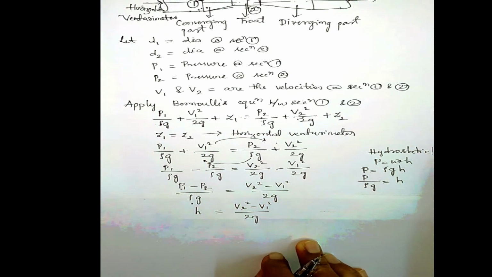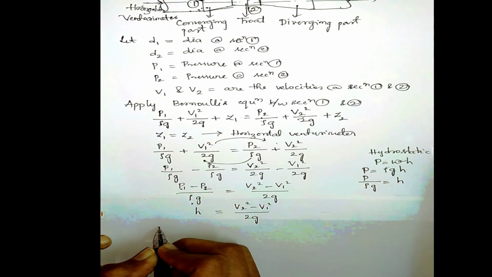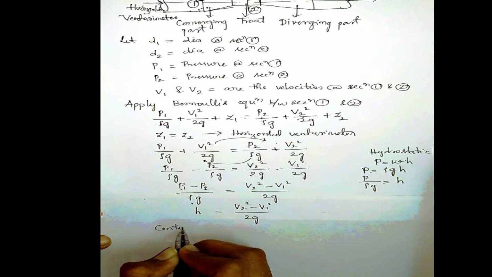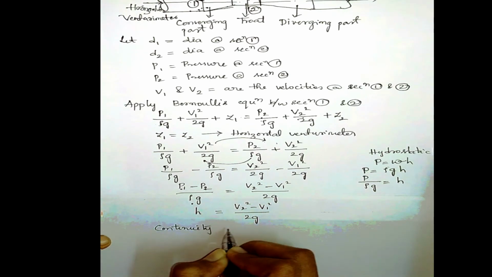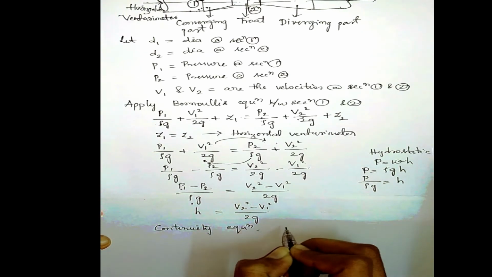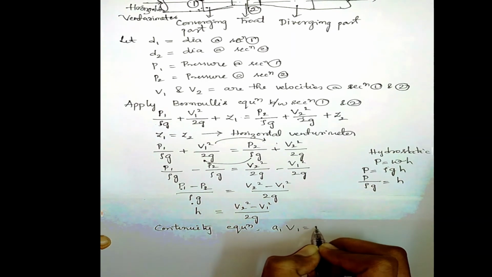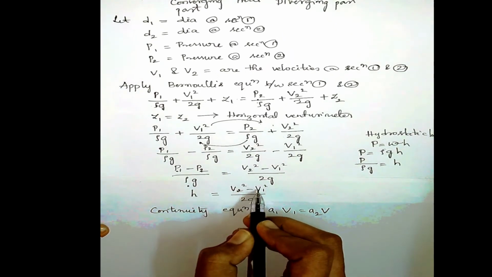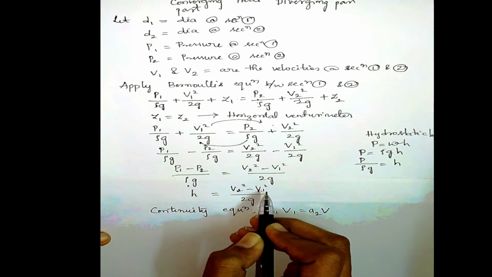Now we know the general continuity equation, A1 V1 is equal to A2 V2. We have to represent V1 in terms of V2.